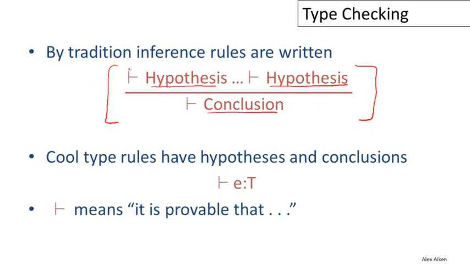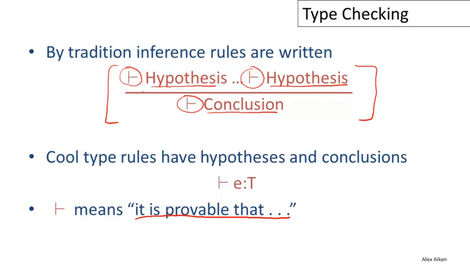And there's one piece of new notation here. This is the turnstiles that are used for the hypotheses and the conclusion. And the turnstile is read, it is provable that. And what this means is that we're just going to say explicitly that something is provable in the system of rules that we are defining.